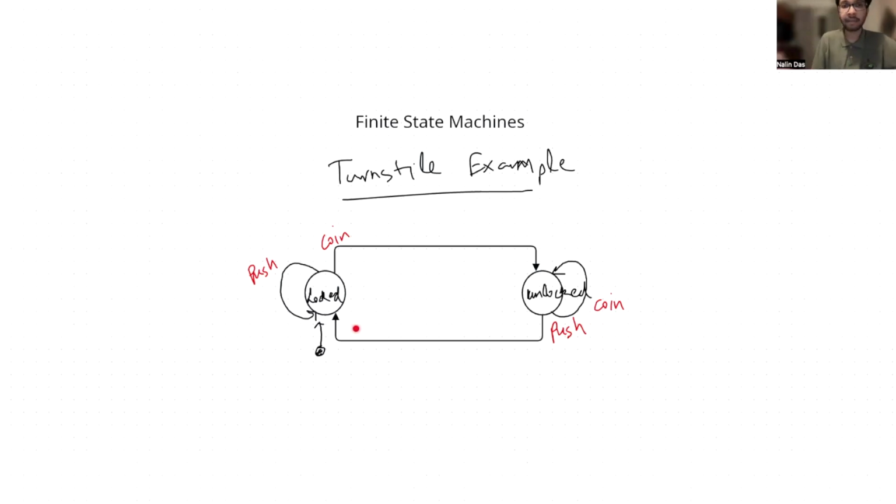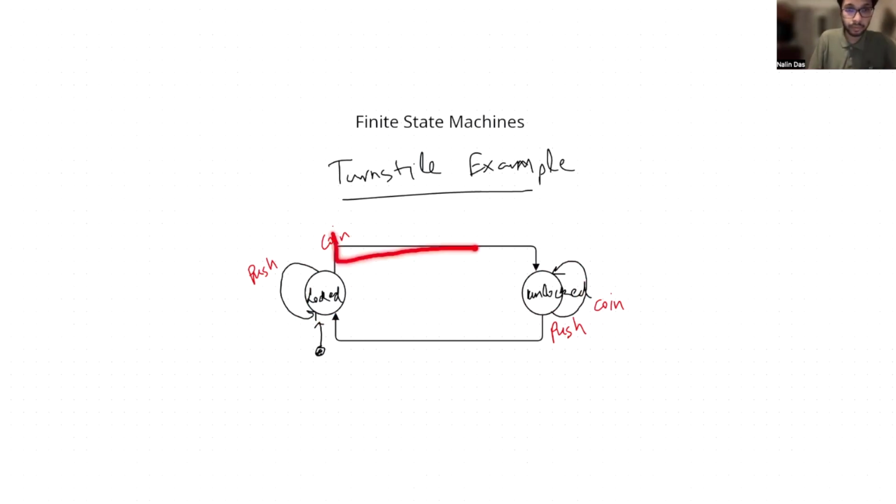So this is an example of what we call a finite state machine. Here, locked and unlocked are what we call states, right? So we have states. And then the next thing we have is what we call transitions.